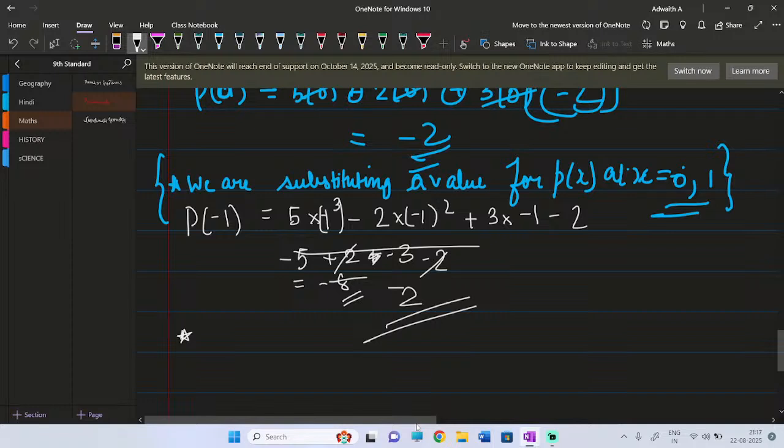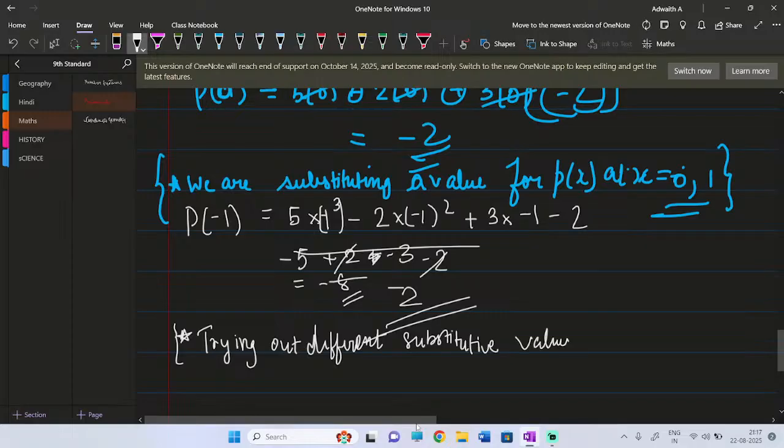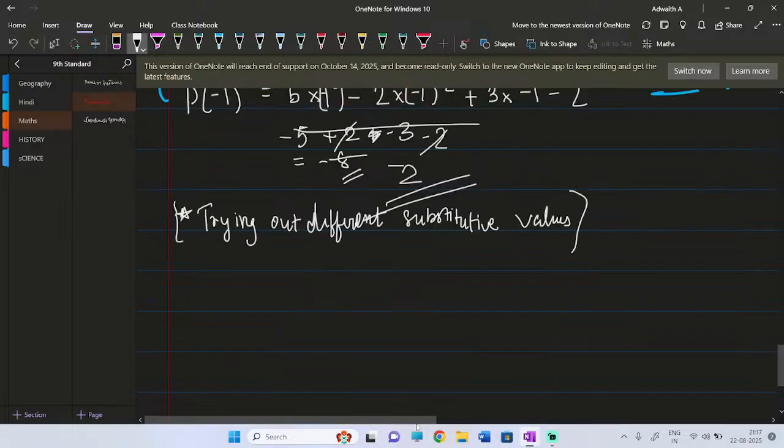I'm giving a note like this, you don't need to write: trying out different substitutive values. So next, let us continue in the textbook. Find the value of each of the polynomials.